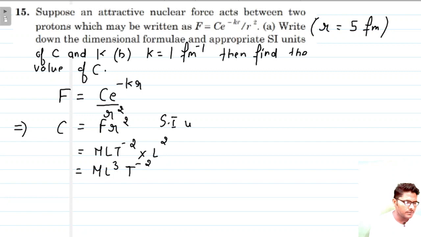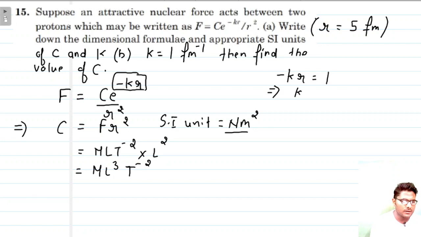You can also find the unit from here. The SI unit of C will be, force is in newtons, r is in meters, so newton meter square. E to the power minus anything should be a number, so k r should be equal to 1. The sign doesn't matter here.